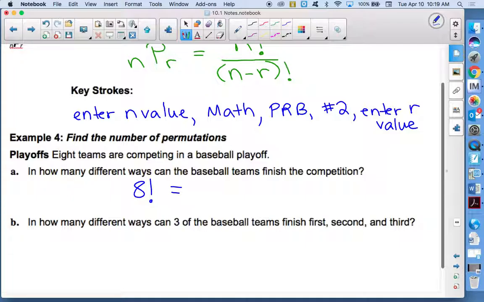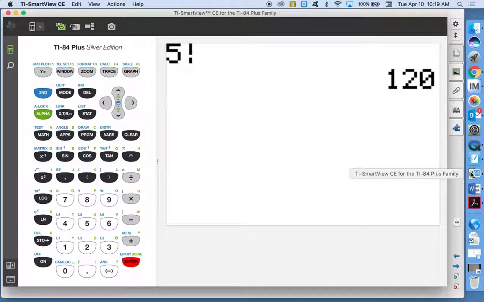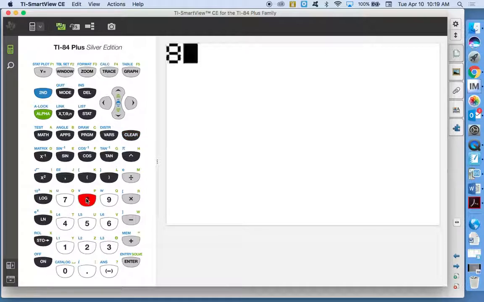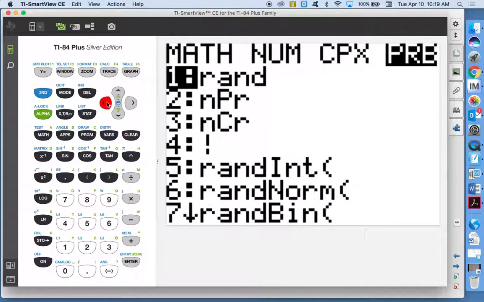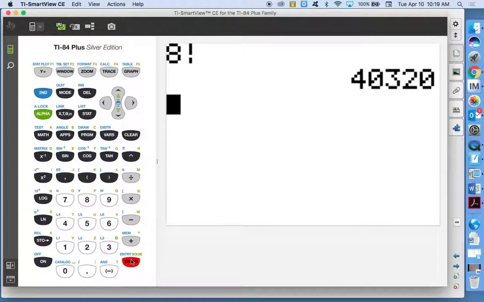So in your calculator, you can type the number 8, so make sure you're typing the 8 first. Hit math, go over to probability, and then just the factorial, so it's just 4. Or you can multiply 8 times 7 times 6 times 5 times 4 times 3 times 2 times 1 together, if you don't have your calculator and you just have your phone with you.